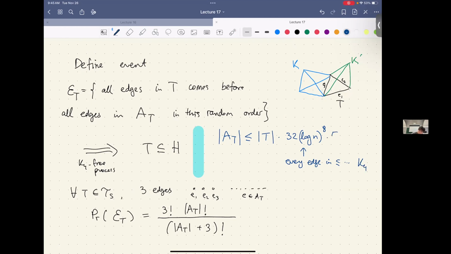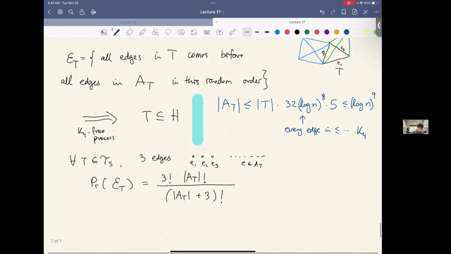And every K4 has at most 5 other edges. Some of these K4 have only 3 new edges, but 5 is the most. So this is at most log n to the 9. Very few.